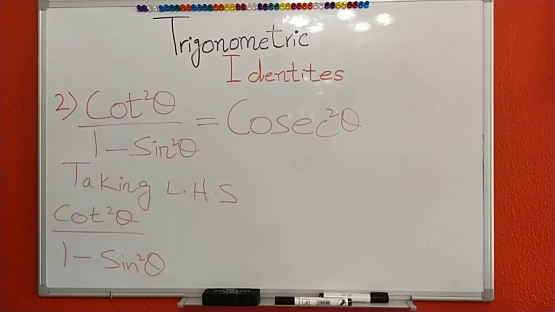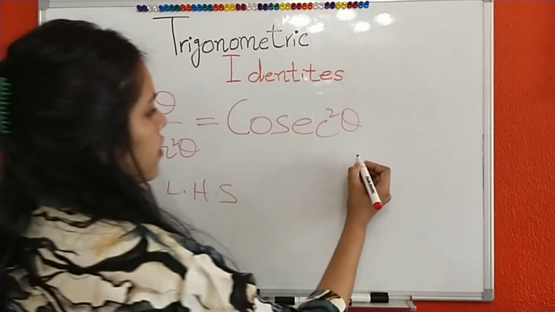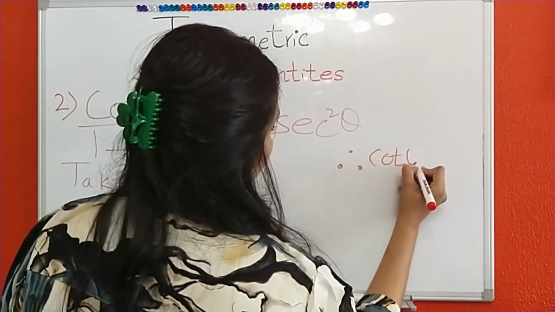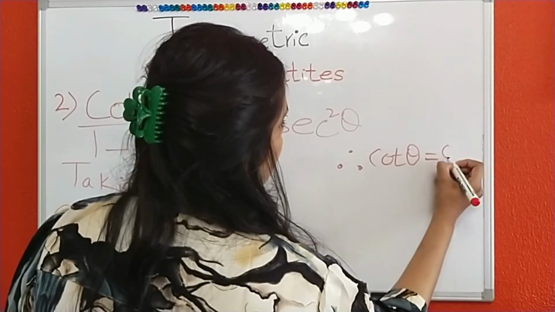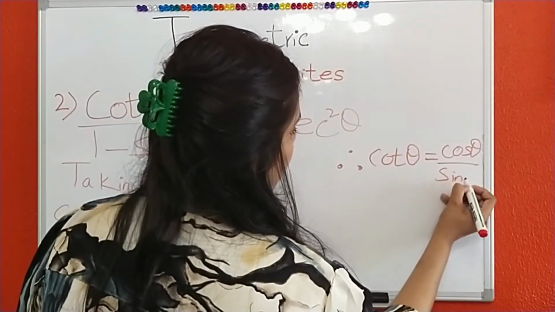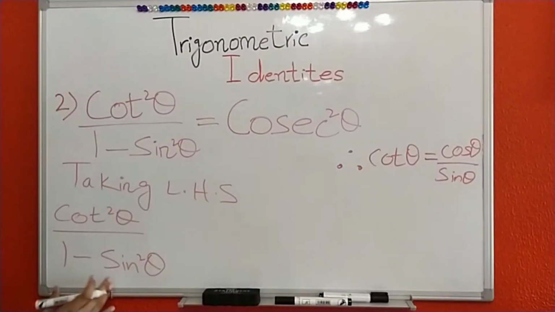Now I am going to put the quotient identity here and the Pythagoras identity here. What was the quotient identity for cot of theta? Cot of theta is equal to cos theta over sin of theta. And what Pythagoras identity should I use here?